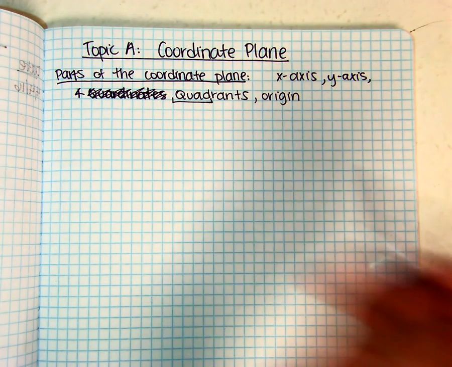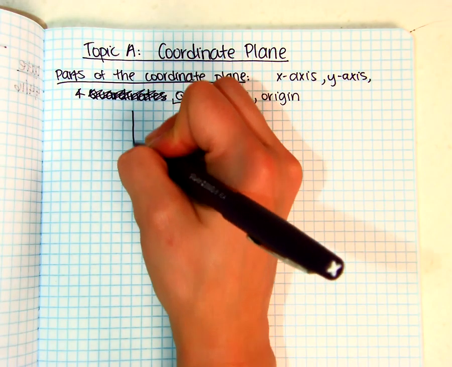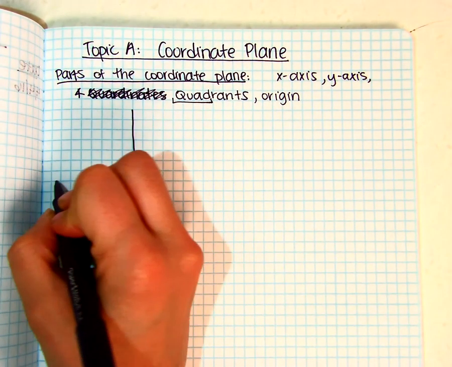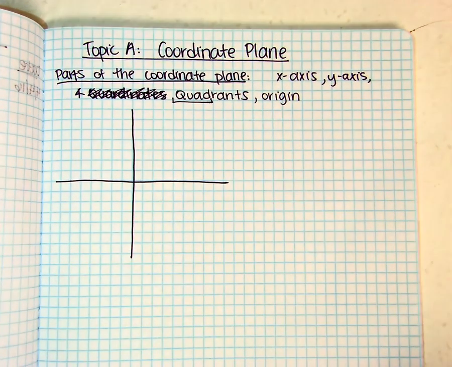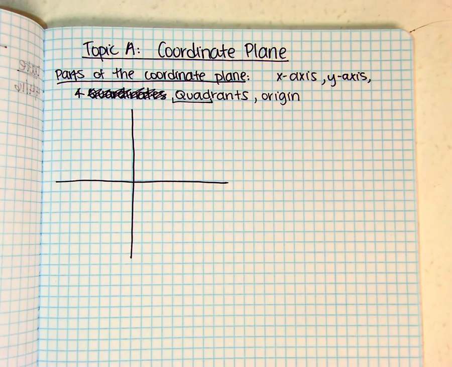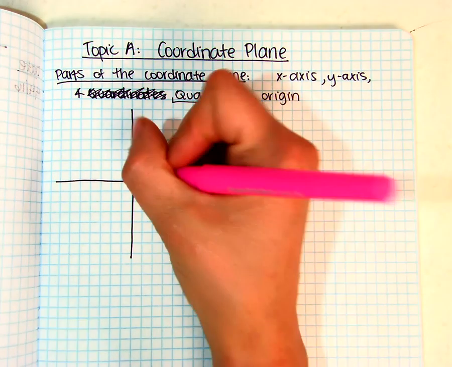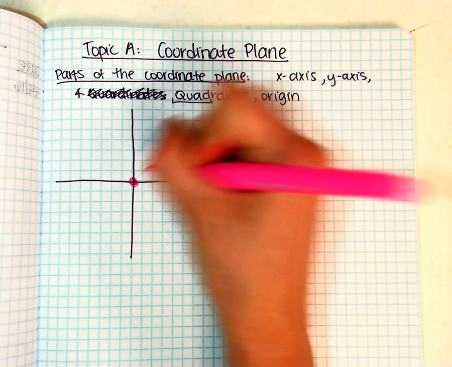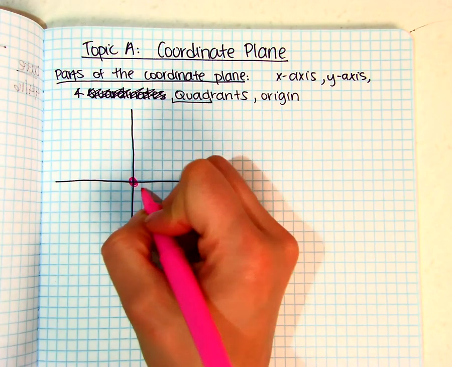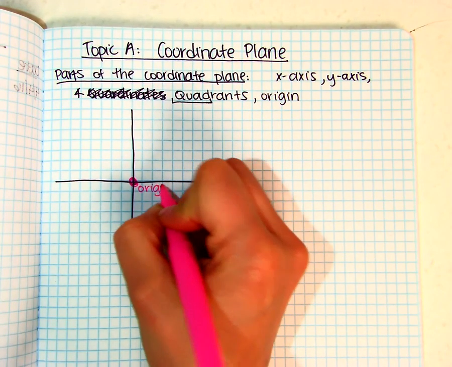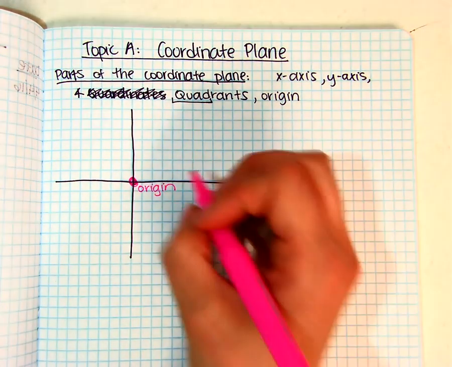So if we labeled a coordinate plane, alright, our origin is right here in the center. It is the point 0, 0.